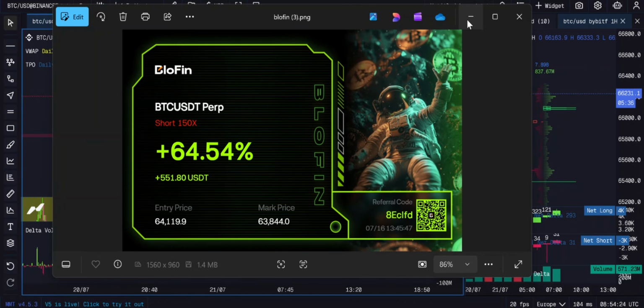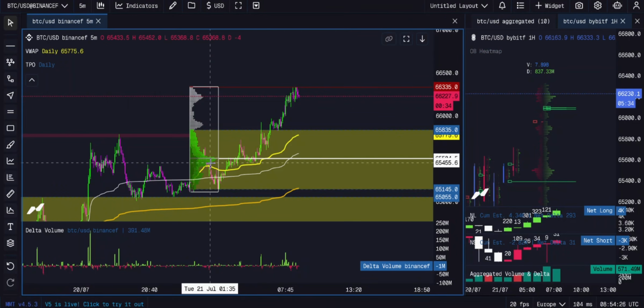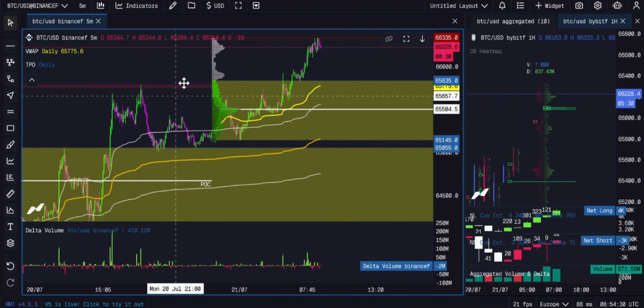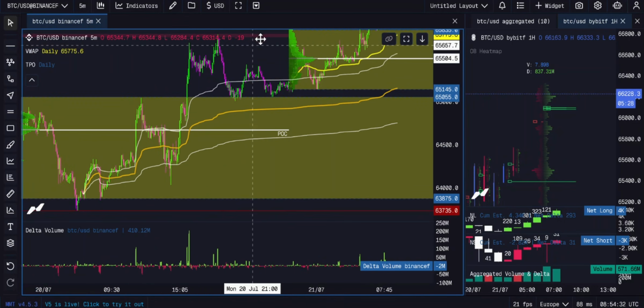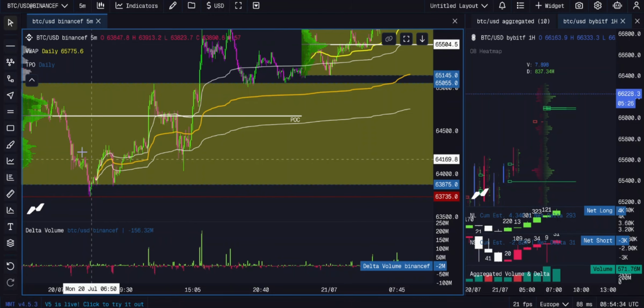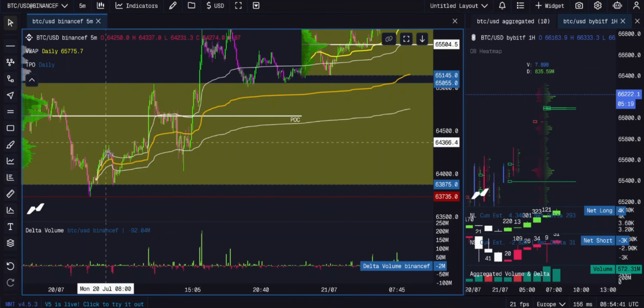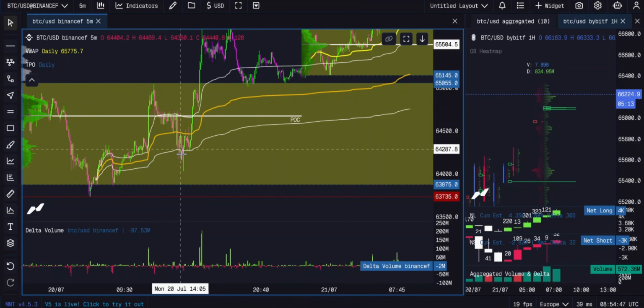Let me have a quick look at that. Here's a quick short I took at 64.11 to 63.88, and it's a scalp trade. It's that trade there down to there, and then I took a long as well.